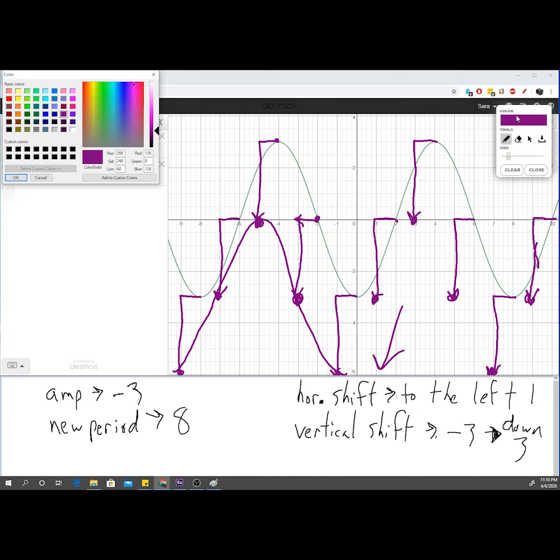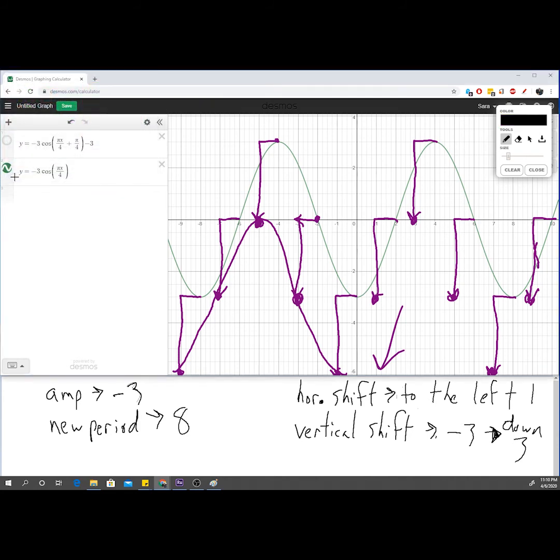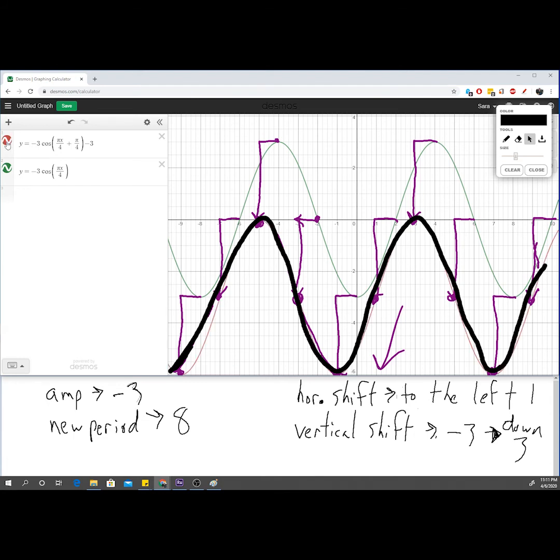Let's change that color just so it stands out a little more. Let's go to black. Let's make that a little bit bigger too. So there's our cosine function, and if I want to turn this back on, you can see it underneath my graph.